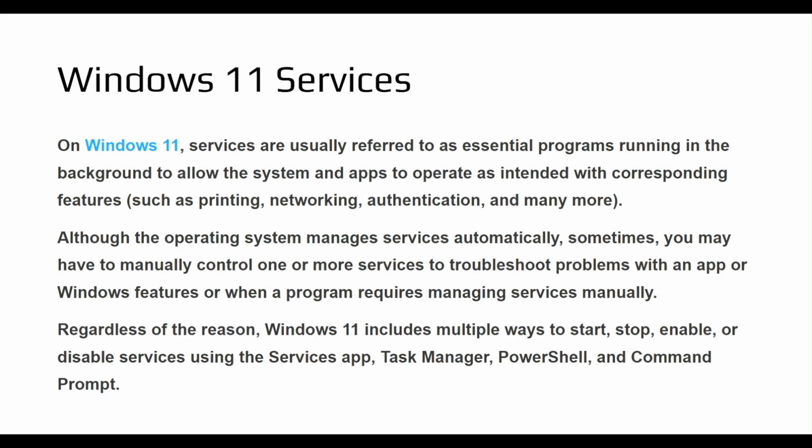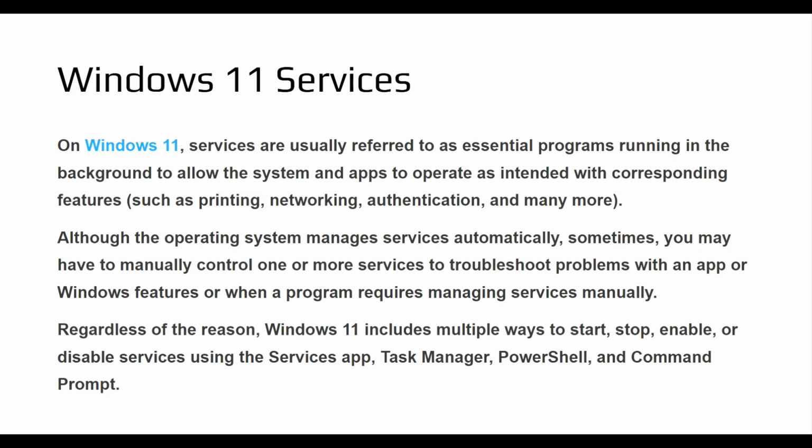Also, Windows 11 services. Services can be found on all operating systems, of course. Services are usually referred to as essential programs running in the background to allow the system and apps to operate as intended, with corresponding features like printing, networking, authentication, and many more. Although the operating system manages services automatically, sometimes you might have to manually control one or more services to troubleshoot problems with an app or Windows features.